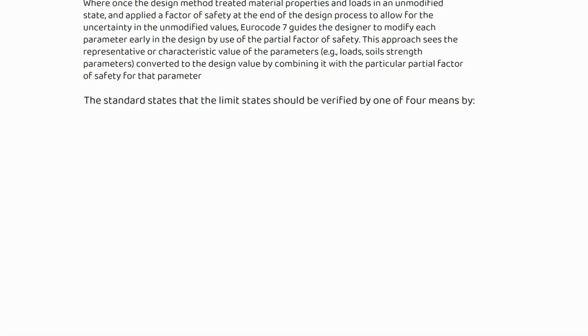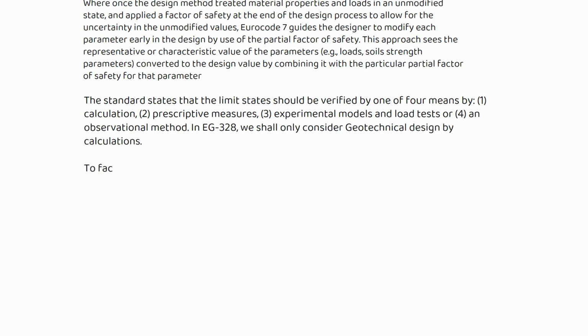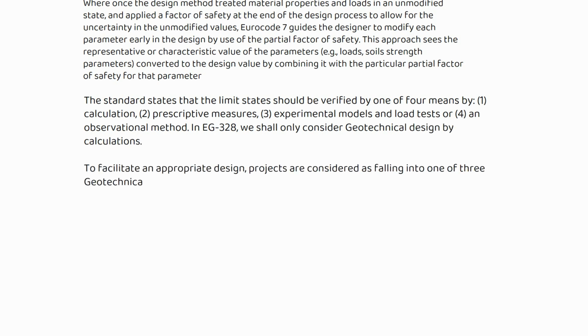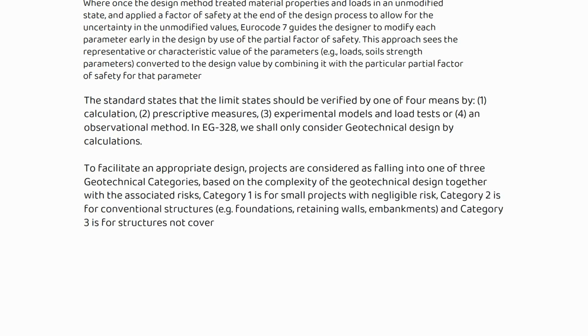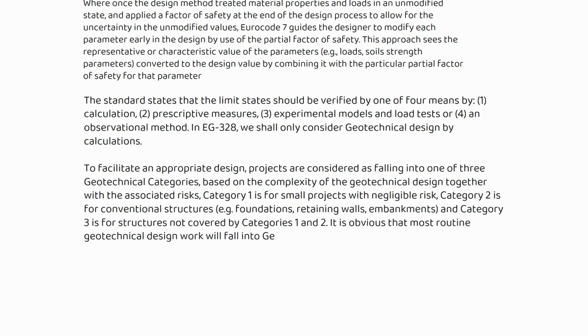The standard states that the limit state should be verified by one of four means: one, calculations; two, prescriptive measures; three, experimental models and load tests; four, an observational method.